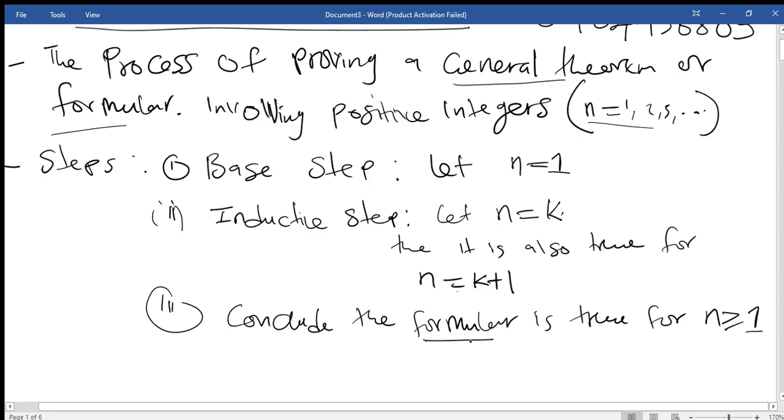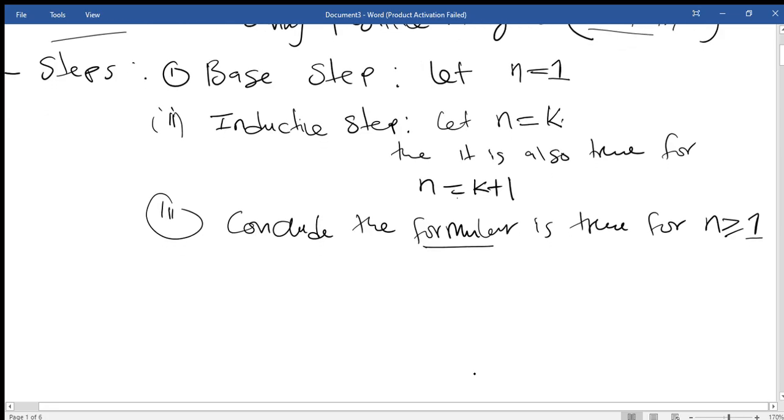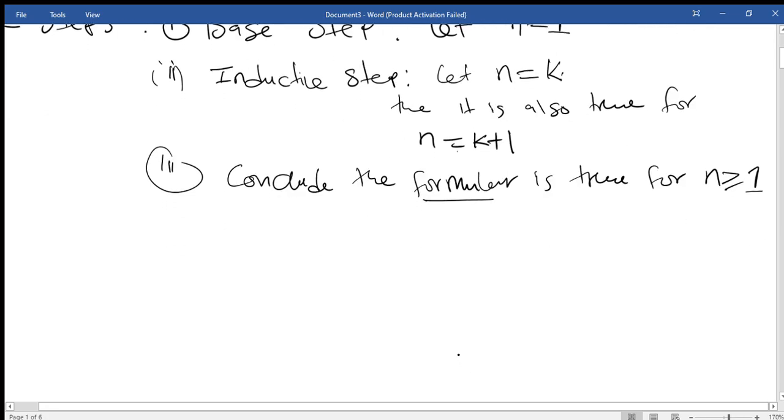Next, when we talk about mathematical induction in MA 110, we are going to be talking about 3 types of questions, or the types of formulas or theorems to prove.